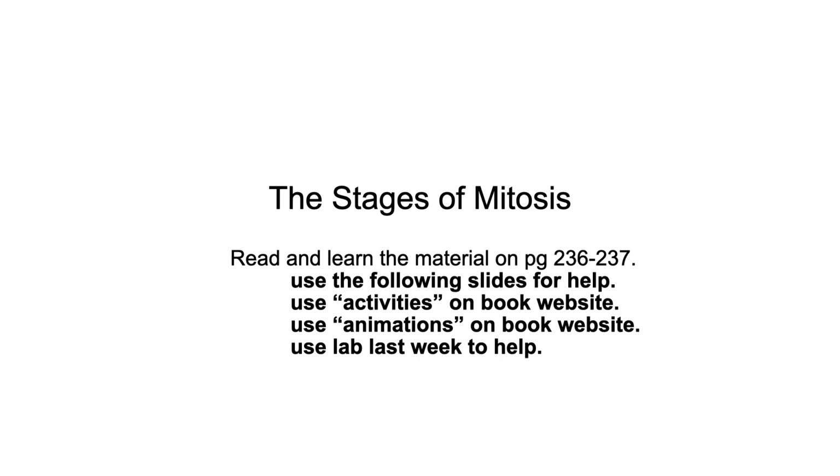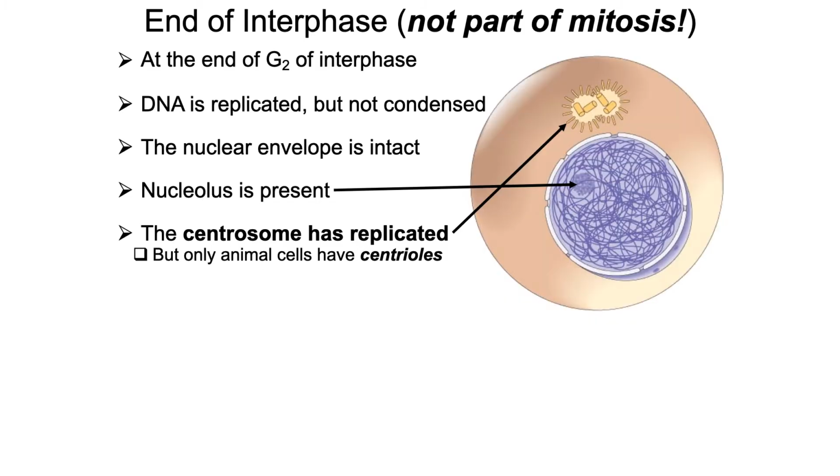Now, you are going to have lots of practice differentiating the various stages of mitosis in lab. The book has a very nice figure on it, but I'll quickly run through them and help you out, and we'll talk in a little more detail about things like the mitotic spindle as we go.